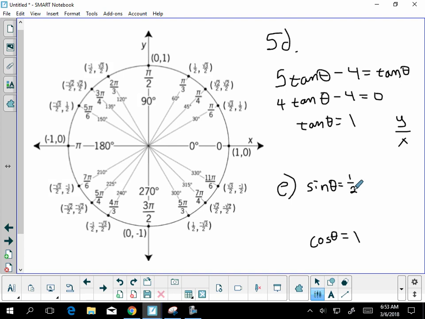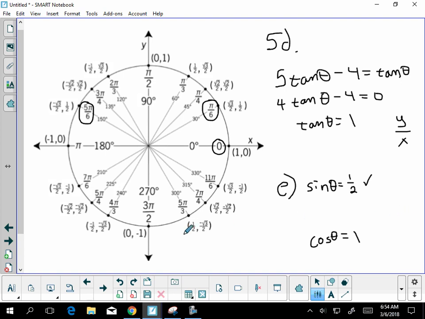Well, let's look at where our y coordinates are 1/2. It happens at pi over 6, 5 pi over 6. So there's 2 answers there. And then where cosine is 1, that's where our x coordinate is 1. It happens at 0. You probably could go ahead and put 2 pi down as well.